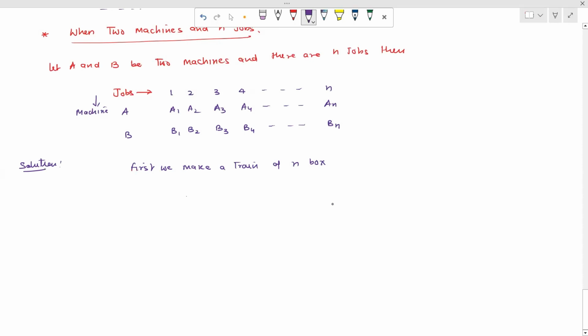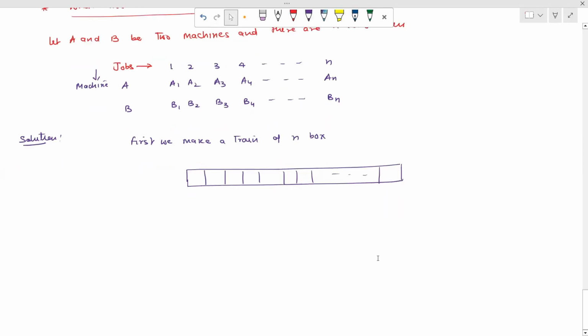So now we make the n boxes. So that means 1, 2, 3, 4, 5, 6, 7, and so on, n boxes. So we make the n boxes. So now we do the procedure for making the sequencing of jobs. So now we select, these are the times taken by the machine.